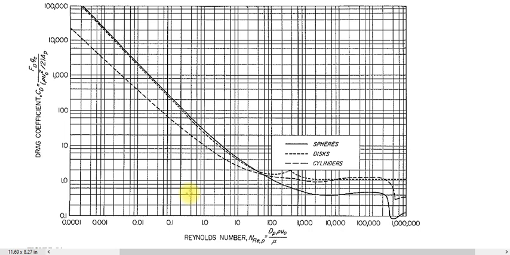From this diagram, you can see that from Reynolds number 1000 to Reynolds number 1 lakh, it is nearly constant. It is not changing much. And if you are using a cylinder type of structure, then basically CD, this is a log graph, this is not a simple graph.